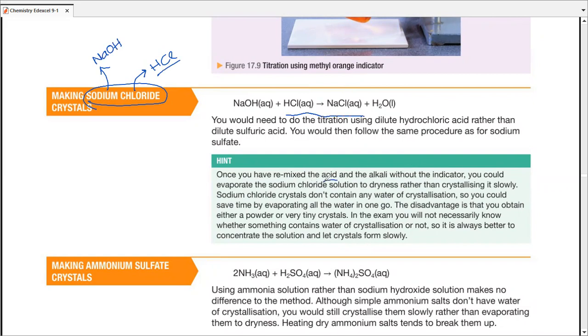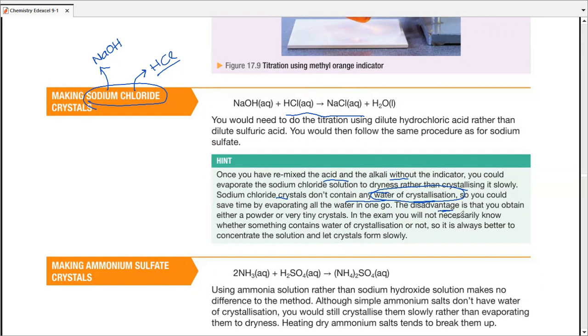Remember, once you have premixed the acid and alkali without the indicator, evaporate the solution to dryness rather than crystallizing it slowly, because sodium chloride crystals do not contain any water of crystallization. So if you know a salt that does not contain any water of crystallization, it's really easy for you. You can completely evaporate the water. But there is a disadvantage.